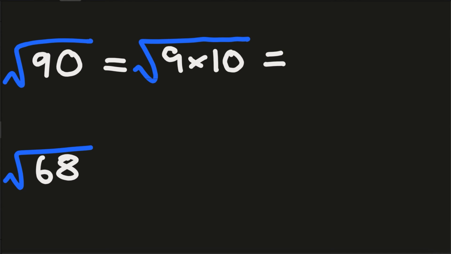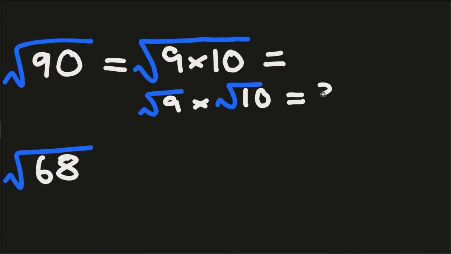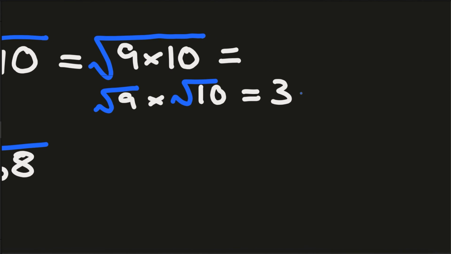So we can break this down into the square root of 9 times the square root of 10. We know that the square root of 9 is equal to 3, as it is a perfect square, and that the square root of 10 is a non-perfect square. So we're left with 3 times the square root of 10.